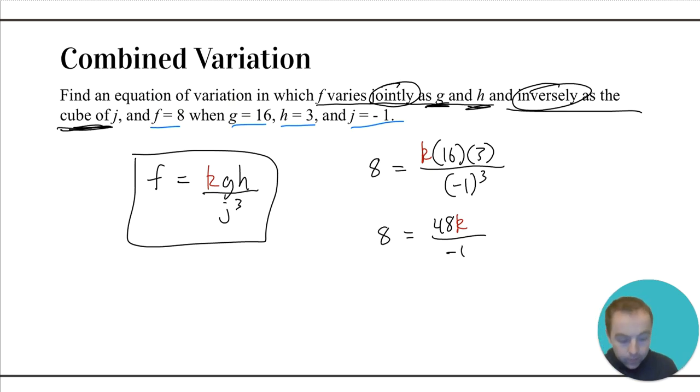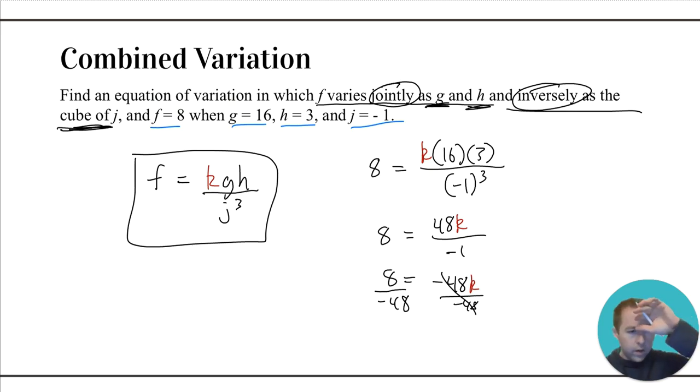And then 48 divided by -1 is just -48. So -48 times k is going to be equal to 8. If we divide by -48 to isolate the k, you can reduce the fraction of 8 over -48 because both are divisible by 8, giving you 1 over -6.